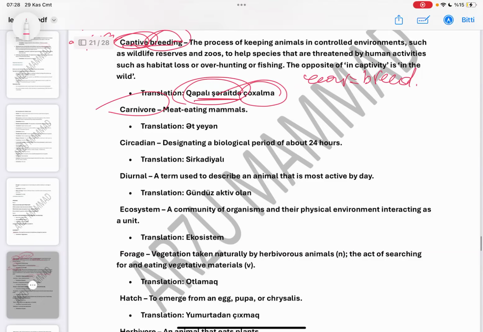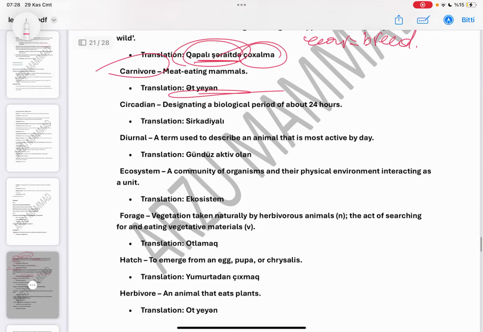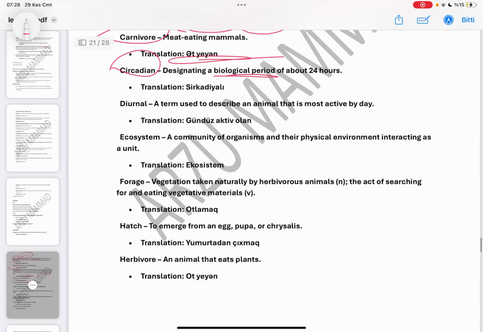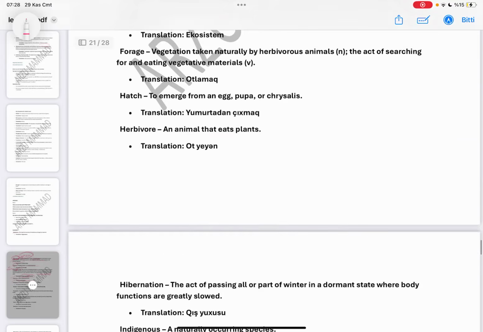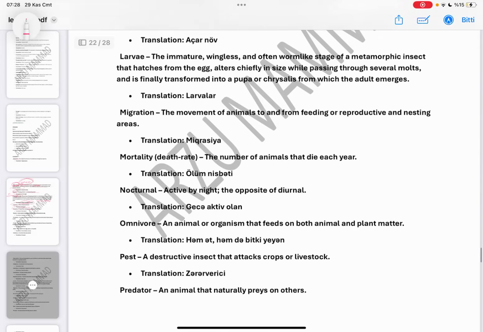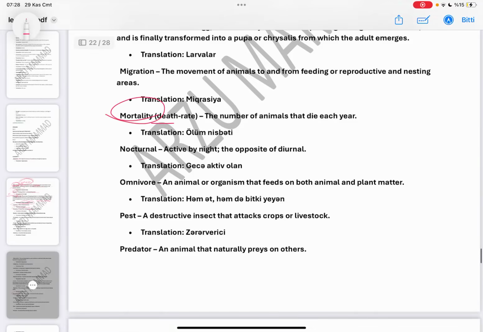Carnivore, there is a diet, carnivore diet, like people eat meat. Circadian is like circadian rhythm of people's body, biological clock, okay, biological period. I'm just choosing the most important ones for you. Migration, mortality, death rate.